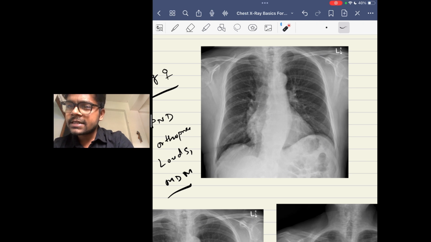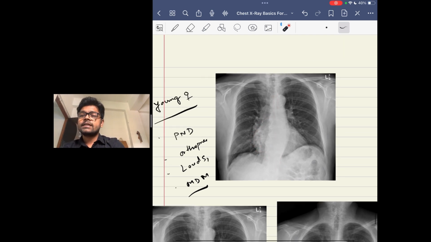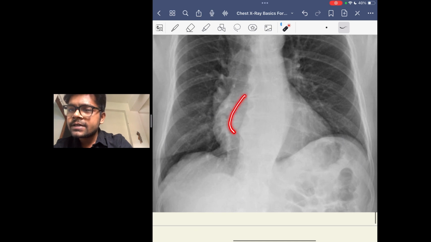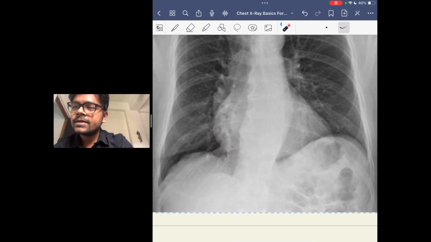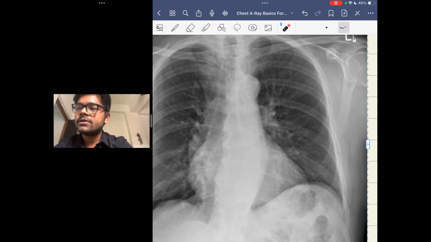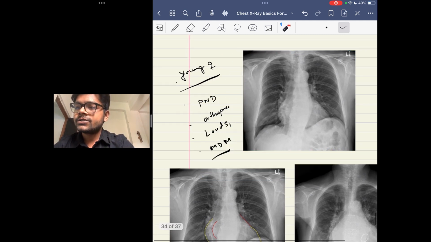You see that this right heart border is very much prominent to the right side of the lung. It is not that prominent in our previous X-rays. And if you closely notice, there is another border seen, which is that of the left atrium. So the left atrium should be at this point of the left heart border or the left mediastinal border, it should be like this.